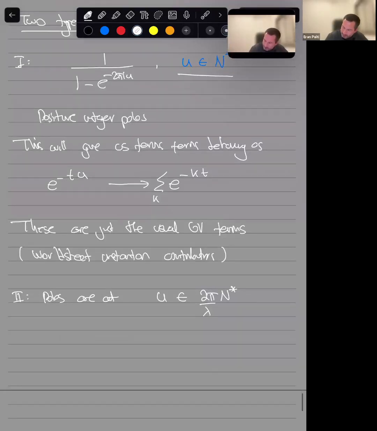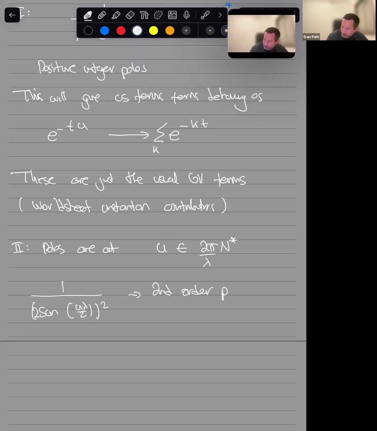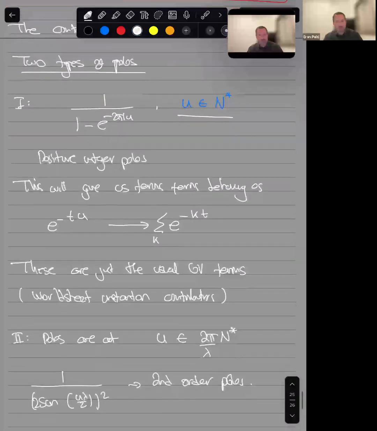Okay, because then we have this term 2 sine u lambda over 2. That's going to give us second order poles. And because we're doing the contour integral over the whole real line, we're going to pick up all those contributions as well. Okay, so those are new contributions. They were not present in the original Gopakumar-Vafa formula. These are new contributions that we obtained because we're writing this as a contour integral over the plane and picking up all those poles. Are there any questions about those new contributions?